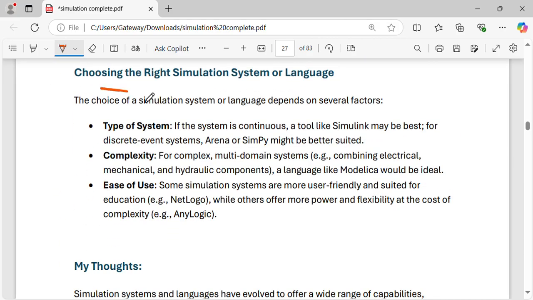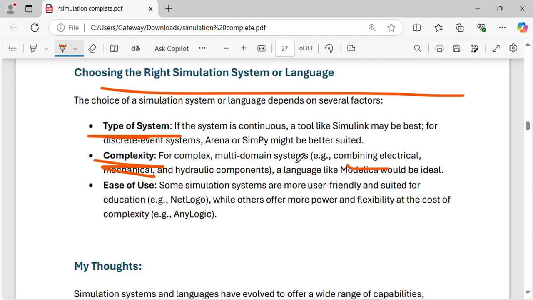Of course, choosing the right simulation depends upon the system you're using, or how complex it is. For multi-domain systems, Modelica would be ideal, but if you're just working with discrete or continuous, you should choose the language accordingly. And ease of use: some simulation systems are more friendly and suited to some languages, so you need to understand which one is better, because NetLogo really works with agent-based, while AnyLogic can work with all of the systems.